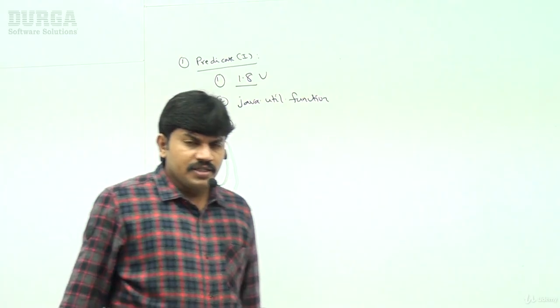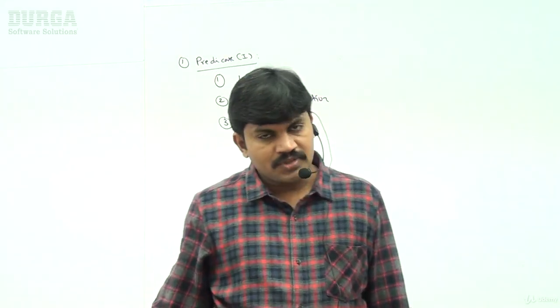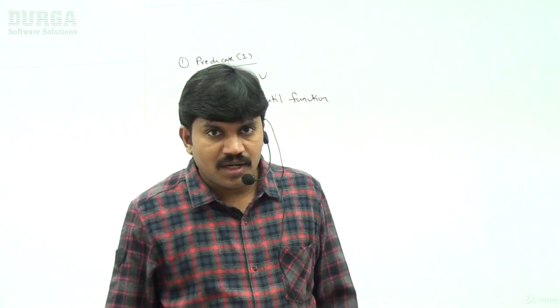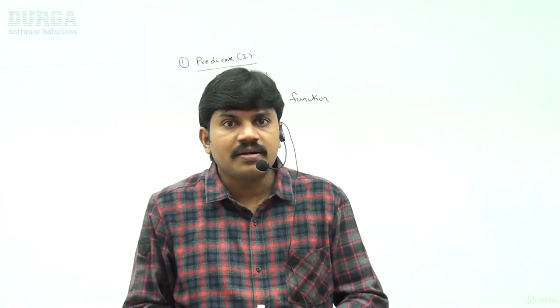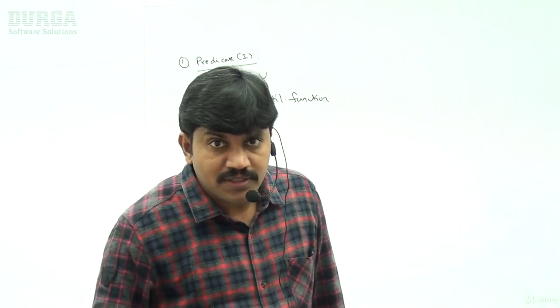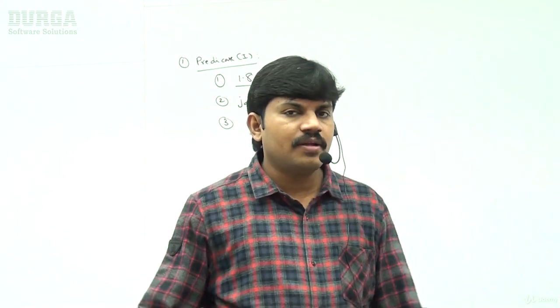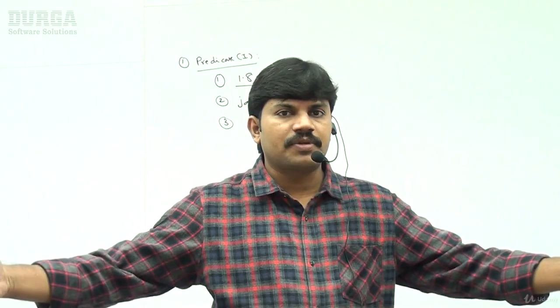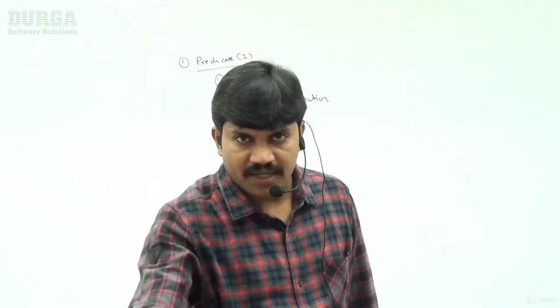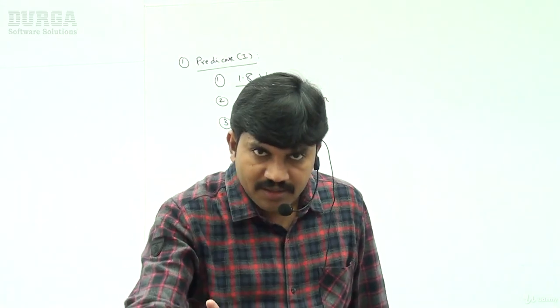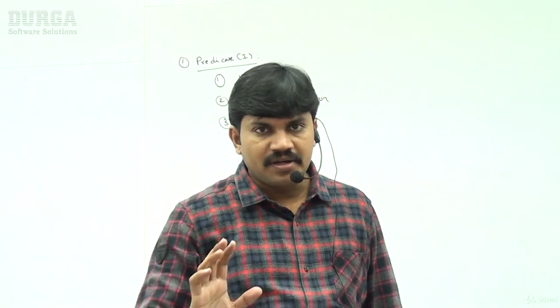Next, is it a functional interface or not? Yes, obviously, it's a functional interface. Sir, when we say an interface is called a functional interface, it contains a single abstract method. Are you going to forget about default methods and static methods? Sir, this interface contains a single abstract method. That's why it is called a functional interface, right?